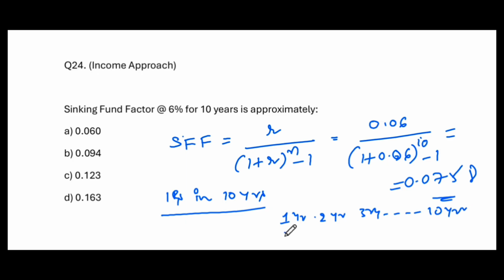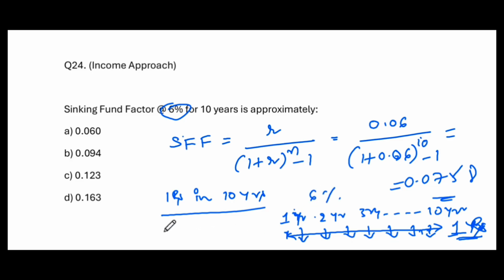I start today, and after reaching 10 years I should get an amount of 1 rupee in my account. So how much do I have to deposit annually for 10 years at a rate of interest of 6%? That is the sinking fund factor.